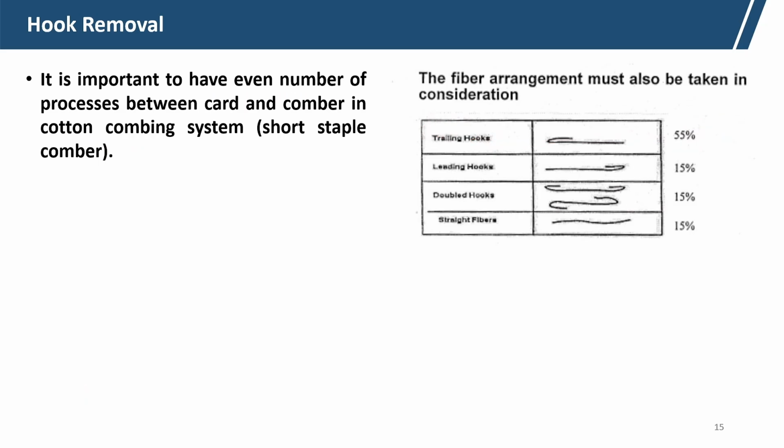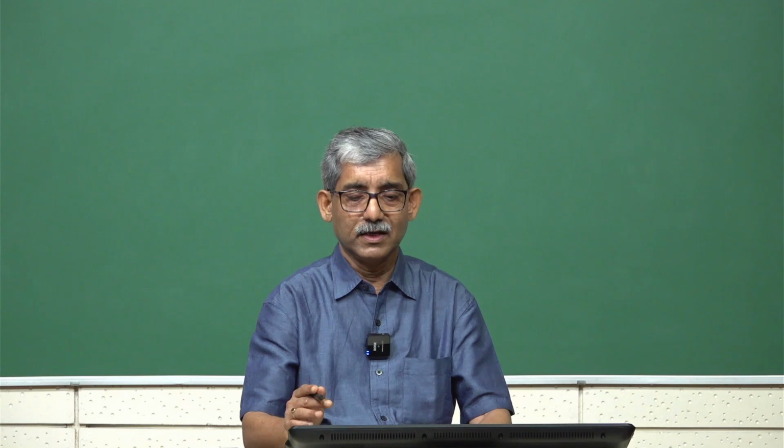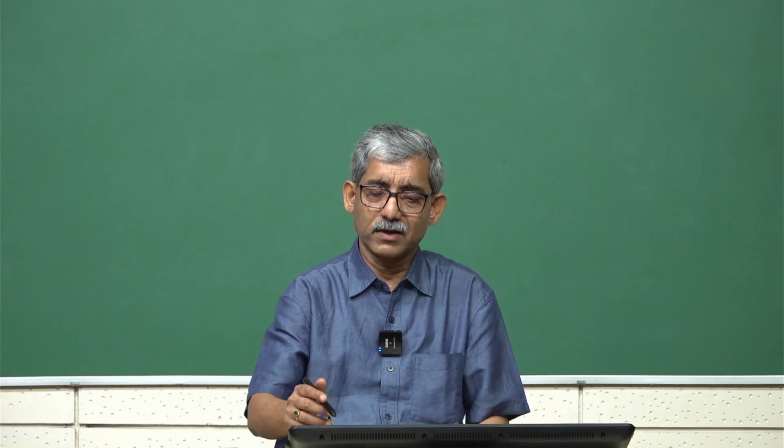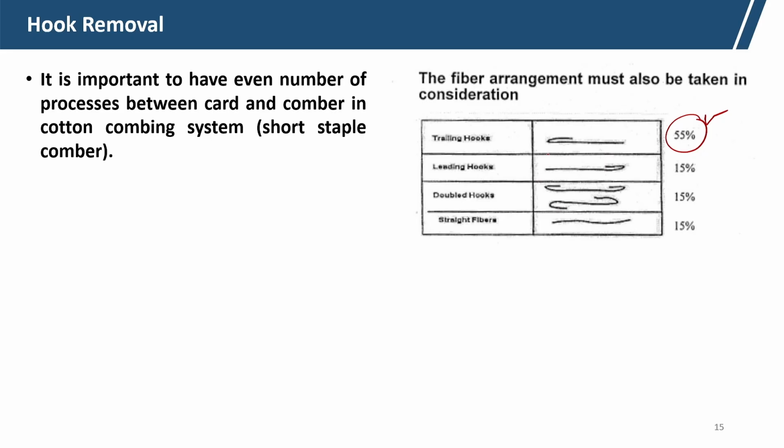If we see, in general the trailing hooks are maximum in card sliver. Although we have discussed that it depends on the doffer speed and different parameters, in general it is higher in number. So, we can say the trailing hook is the major hook.